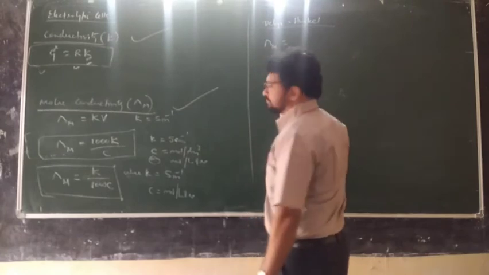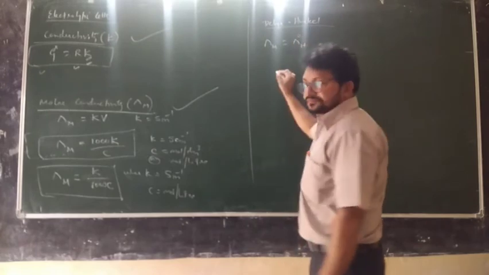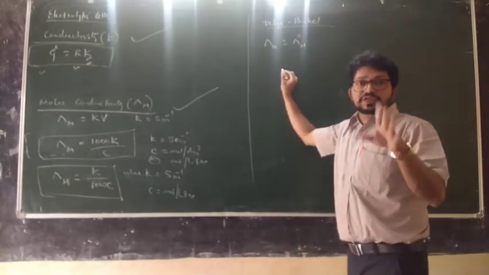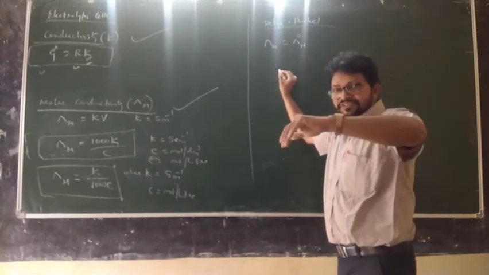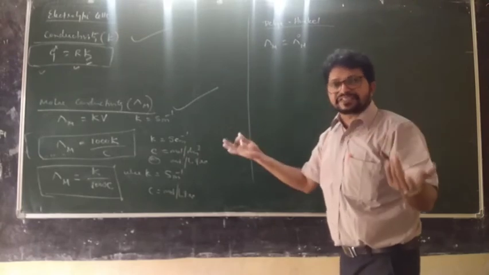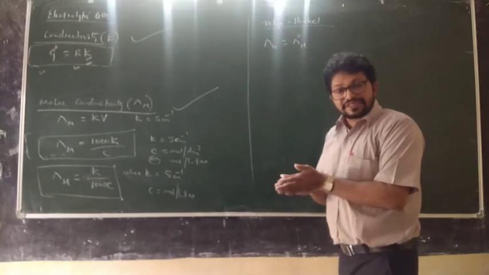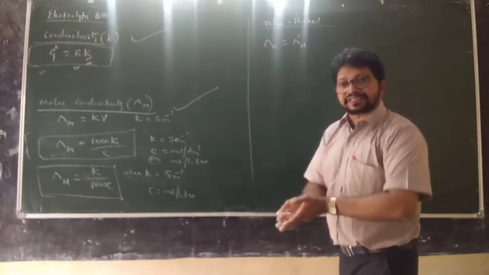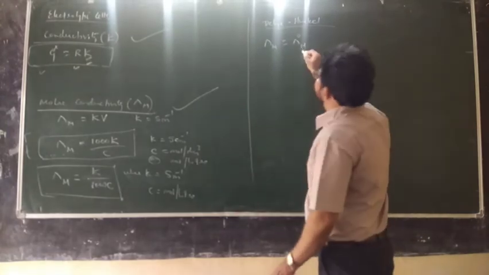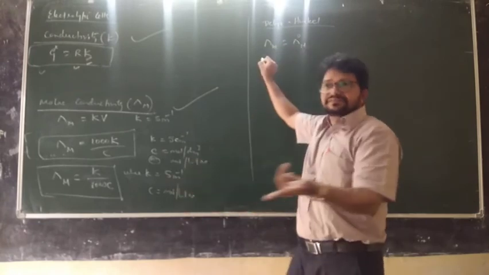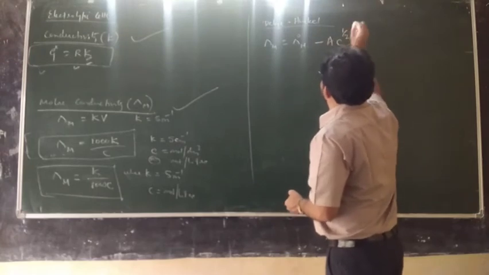Lambda m is, for any electrolyte, molar conductivity; lambda not m is its molar conductivity at infinite dilution. During dilution, for weak electrolyte, ionization increases and inter-ionic attraction becomes weak. For strong electrolyte, ionization has been completed, but inter-ionic attraction is becoming weak. So for both strong and weak electrolyte, lambda not m is always more than lambda m. So minus A into C to the power half is the equation.